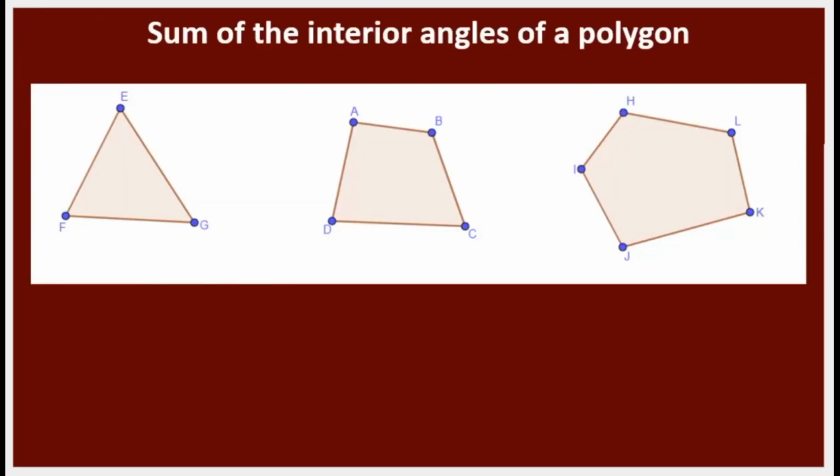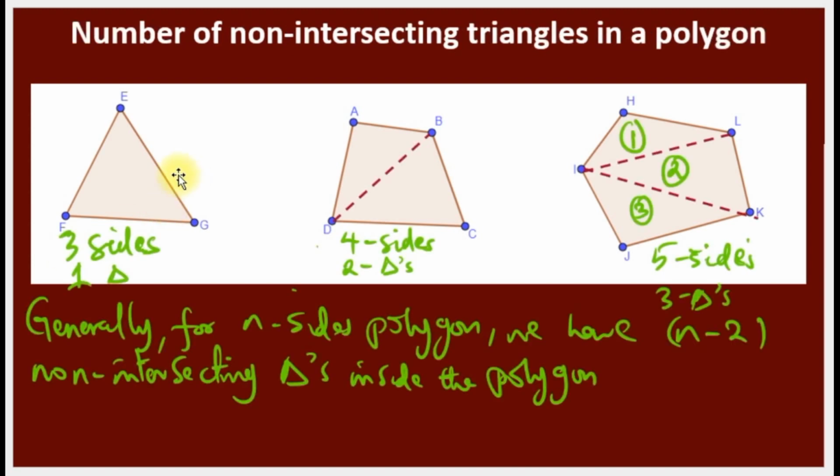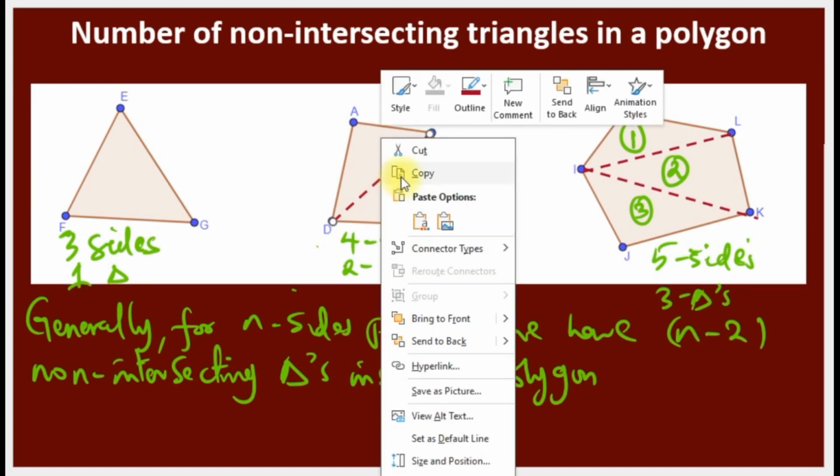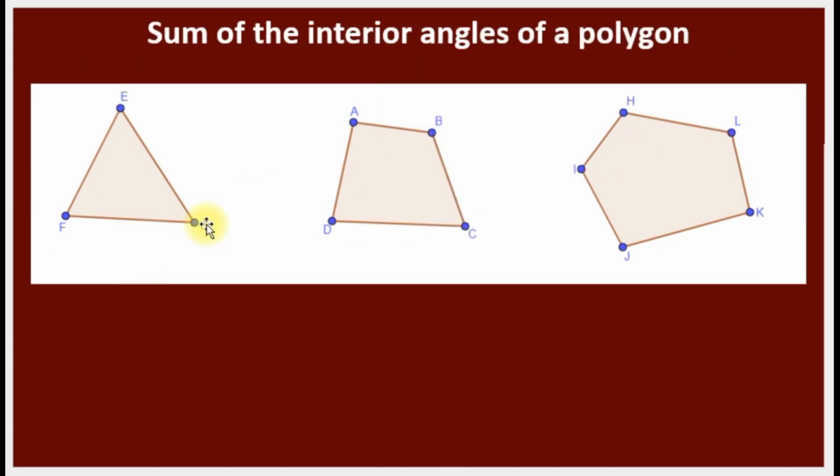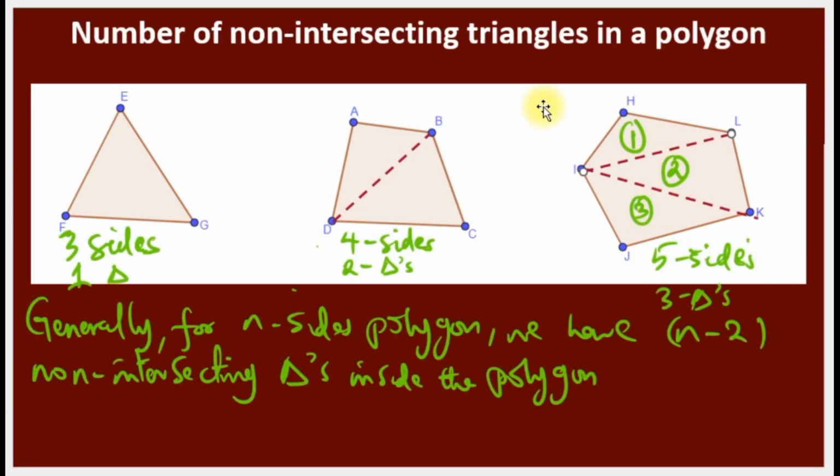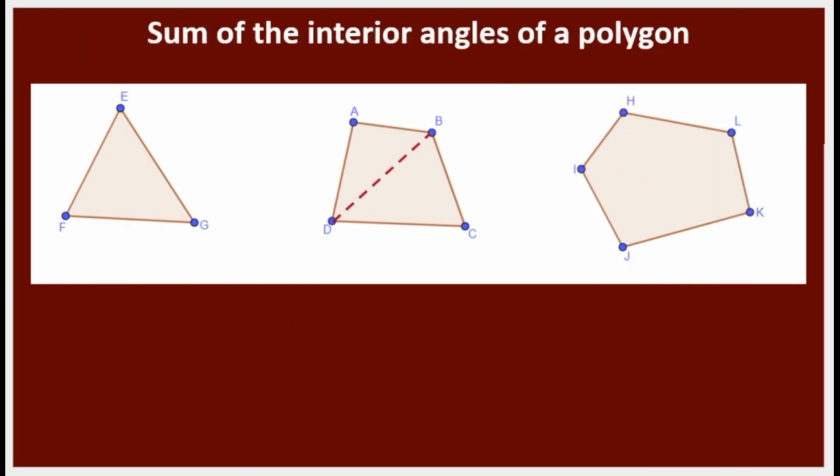With that, let's look at the interior angles of a polygon. The number of non-intersecting triangles will help us. Let me copy this and paste once. We are going to get a formula. Since we've gotten the number of non-intersecting triangles, we can get the sum of the interior angles of these polygons.